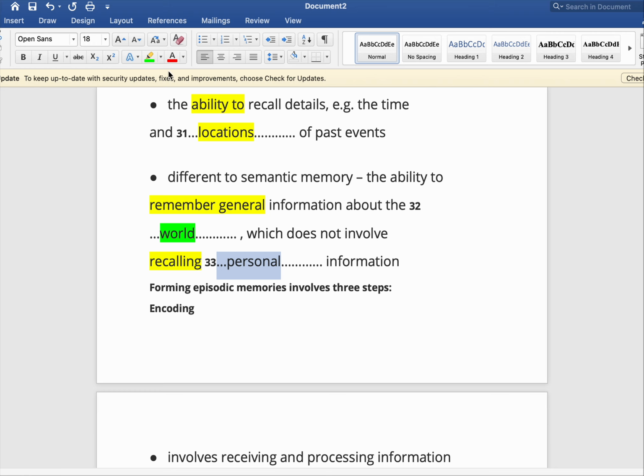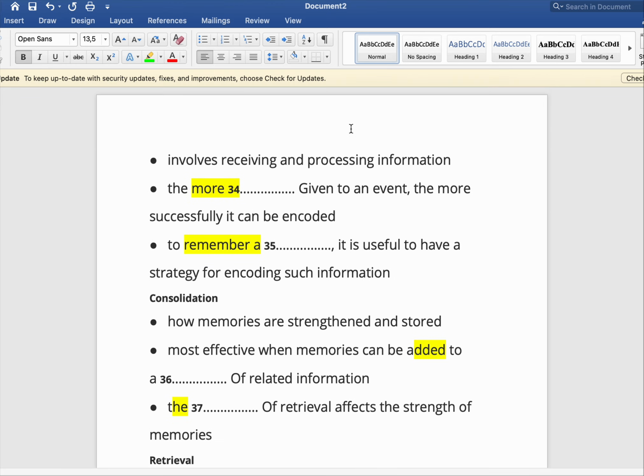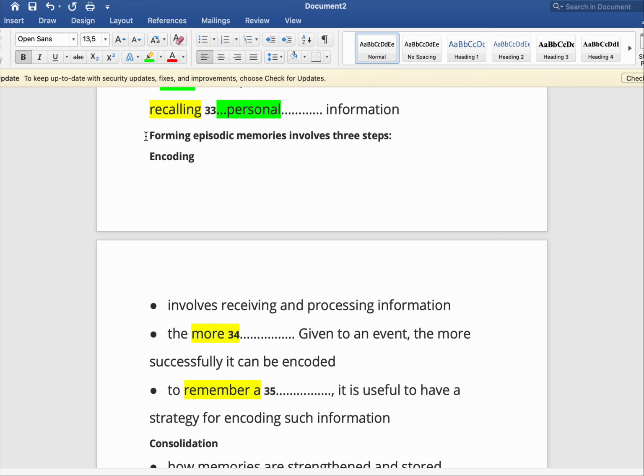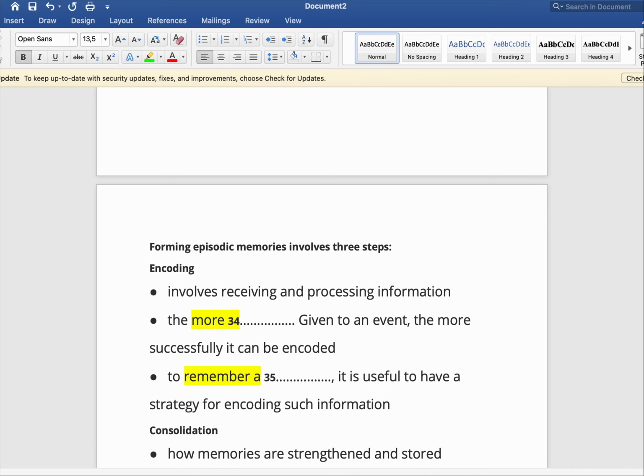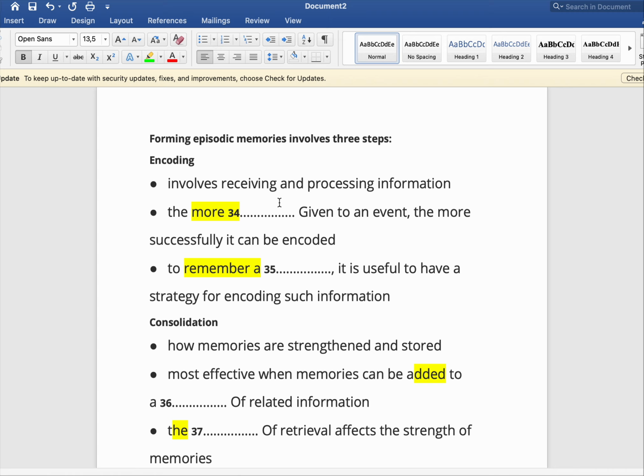Episodic memory can be thought of as a process with several different steps of memory processing: encoding, consolidation, and retrieval. The initial step is called encoding. This involves the process of receiving and registering information which is necessary for creating memories of information or events that you experience.